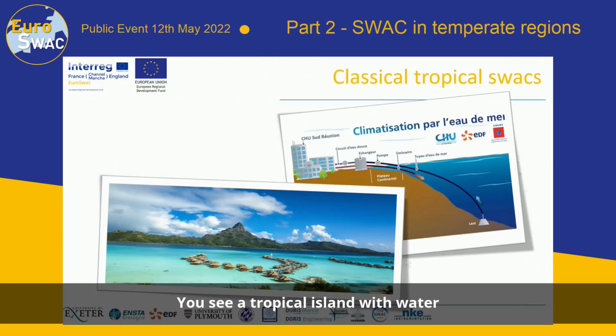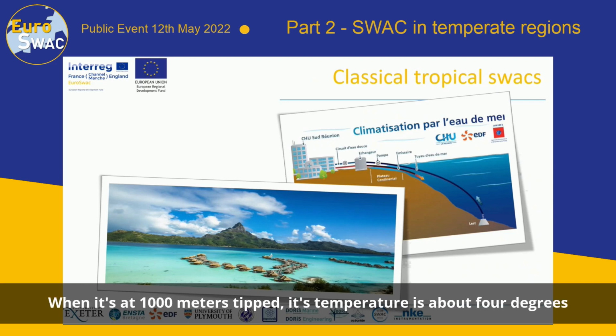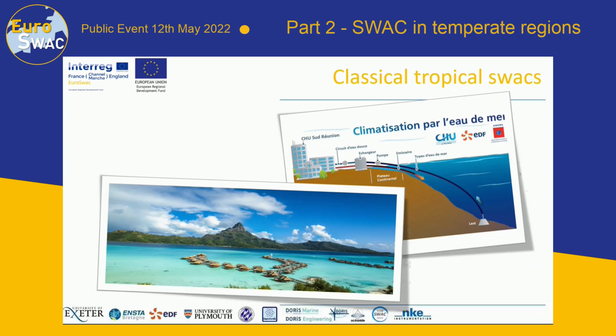You see a tropical island with water that is pumped at 1,000 meters deep. At 1,000 meters deep, its temperature is about 4 degrees.